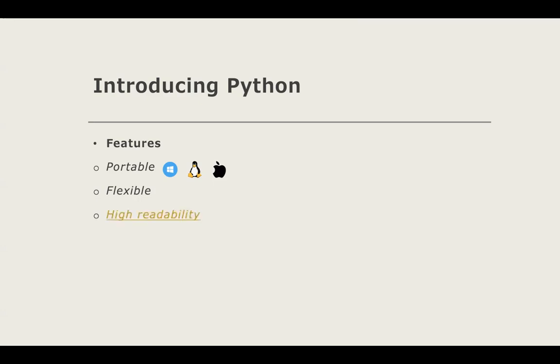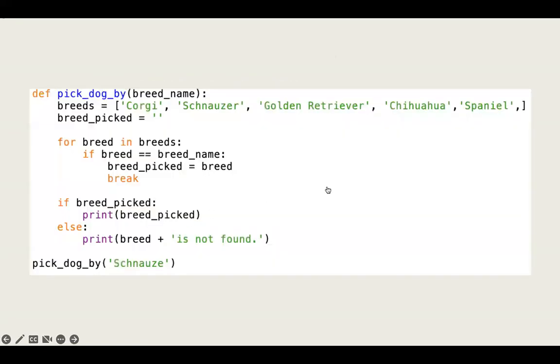And Python emphasizes readability. Its code is indented to show boundaries between different parts of the code. Now, let's look at an example. At the moment, you may not completely understand what this piece of code means.